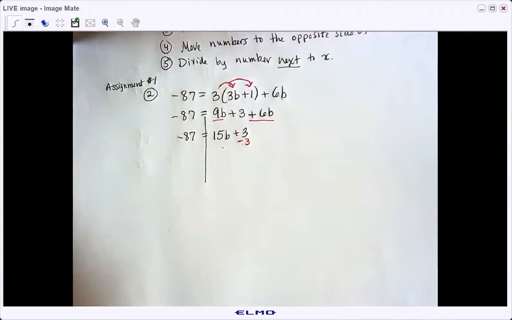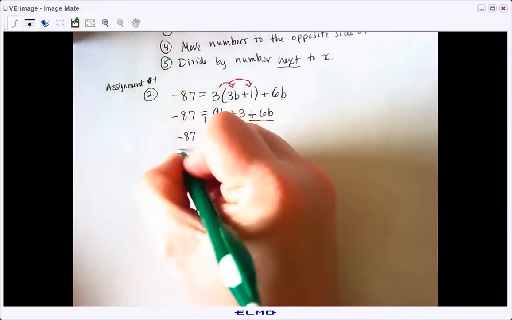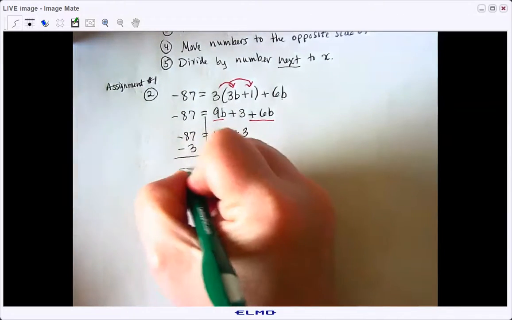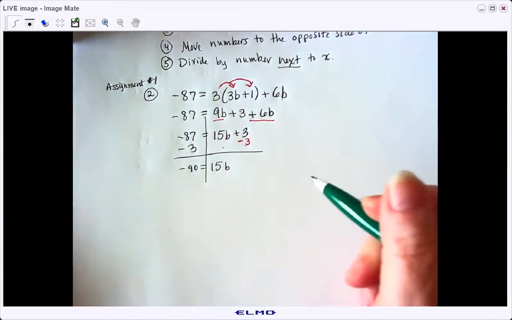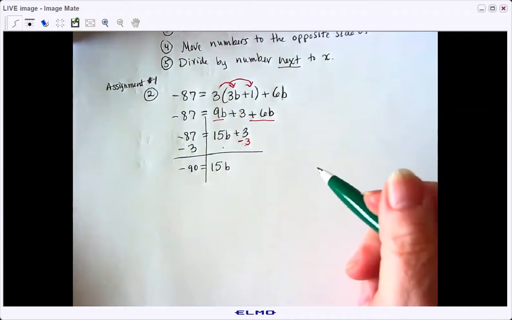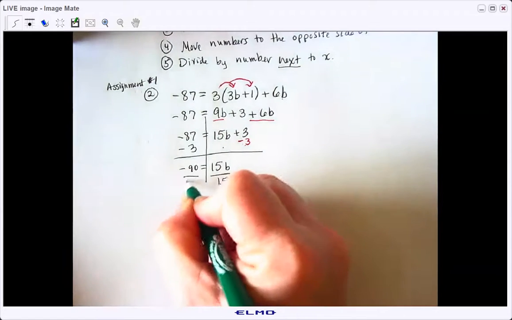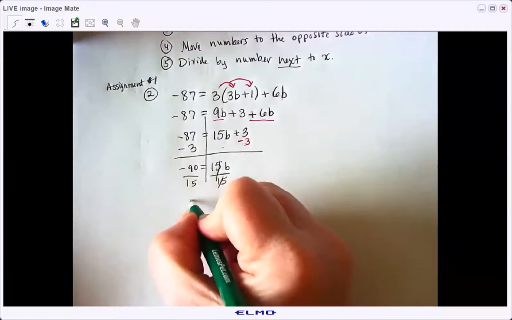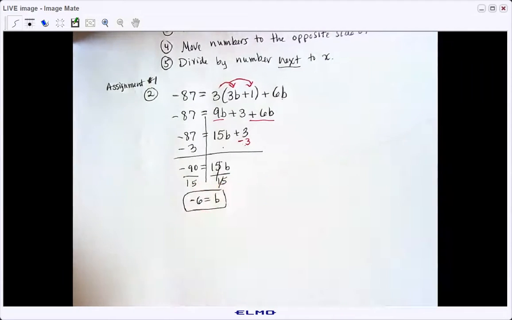Because what I tell my algebra students is when you have to cross the line, you change the sign. Cross the line, you change the sign. So negative 90 is equal to 15b. Dividing. Yep, divide, good. Step 5, let's cancel. We get negative 6 equals b. And you're done.